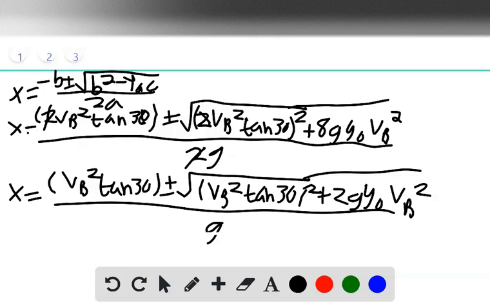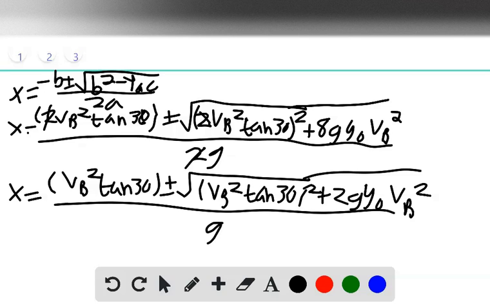Okay, so plugging in all of those numbers, vB we just solved for, gravity you have. Y naught, if we set the height directly below the slope, is just going to be 0.